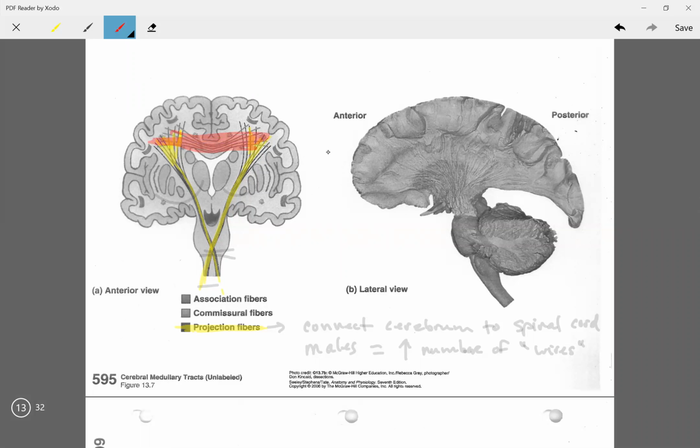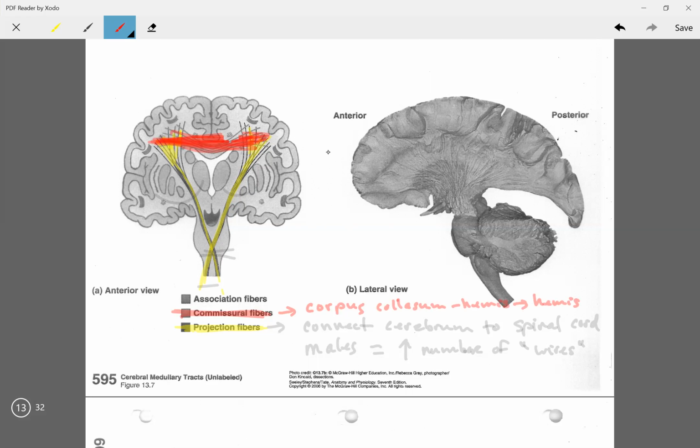All right, those are the commissural fibers. Okay, commissural fibers. All right, so that's part of the corpus callosum. Okay, and this is hemisphere to hemisphere communication.